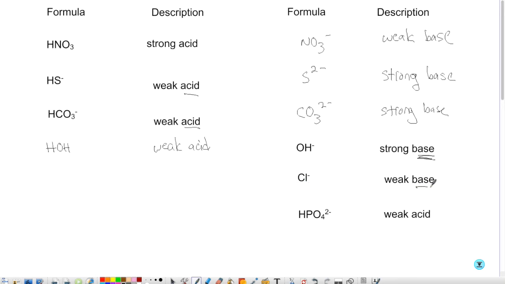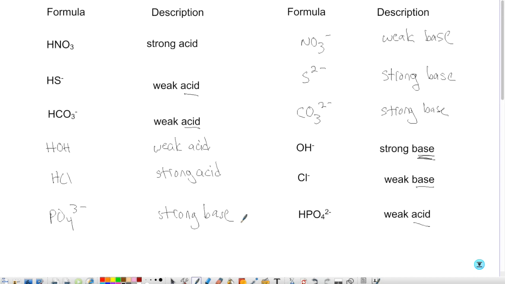It's a weak base, so it's going to be a proton acceptor. That's going to make the conjugate HCl, which is a strong acid. And this last one, HPO4 2-, I'm saying this is a weak acid, which means it's going to donate a proton. Now notice that I did something a little tricky here. That would make this PO4 3-, which is a strong base.